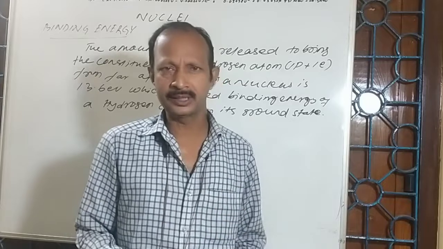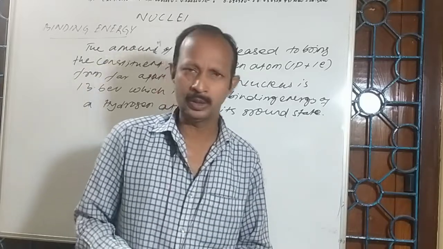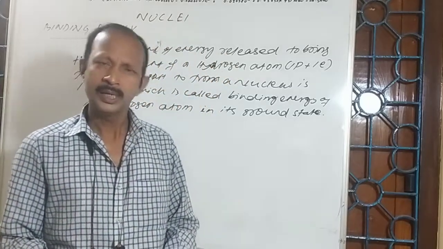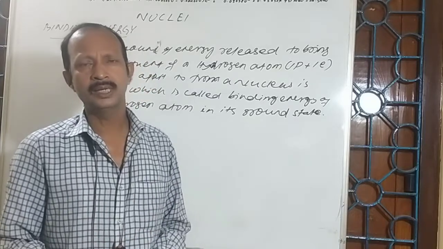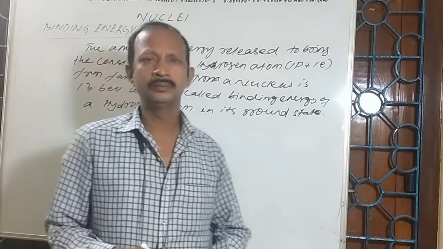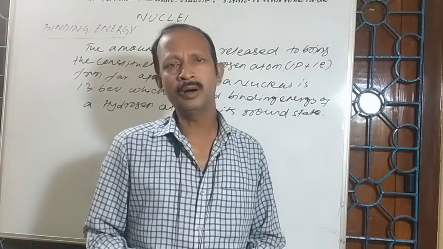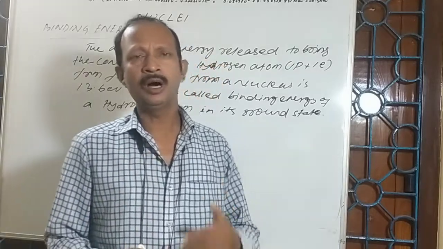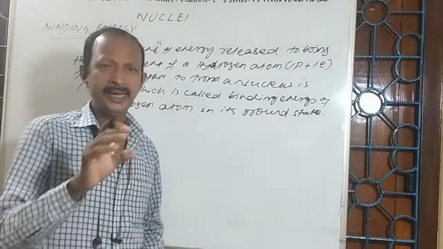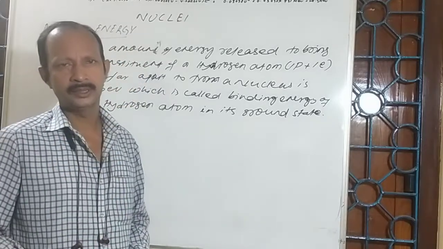Similarly, I can say that the amount of energy required to break a hydrogen atom into its constituents, electron and proton, is 13.6 electron volt, which is also called the binding energy of the hydrogen atom in its ground state.